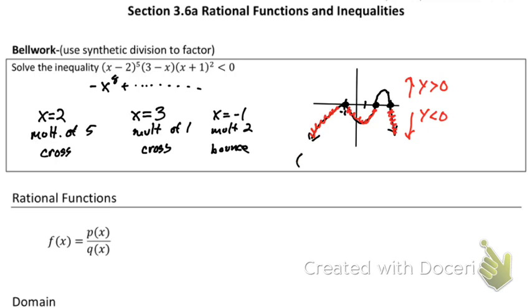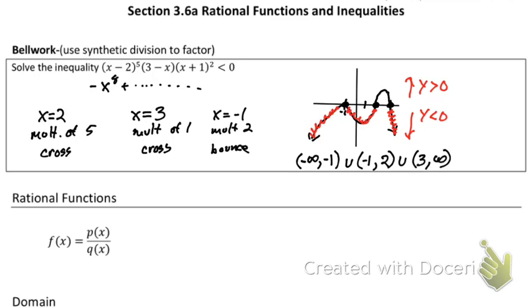So our x values would go from negative infinity all the way to, well, negative 1. But we can actually union that. I did make a mistake up there. So it would be negative infinity to negative 1, union that with negative 1 to 2, and union that with 3 to infinity.